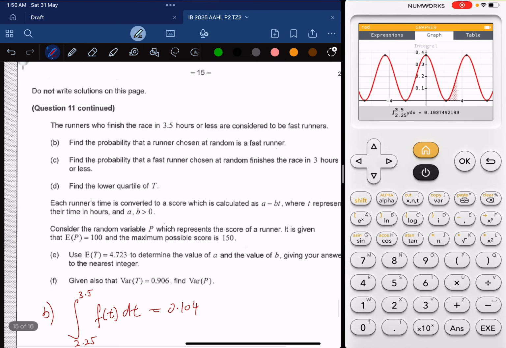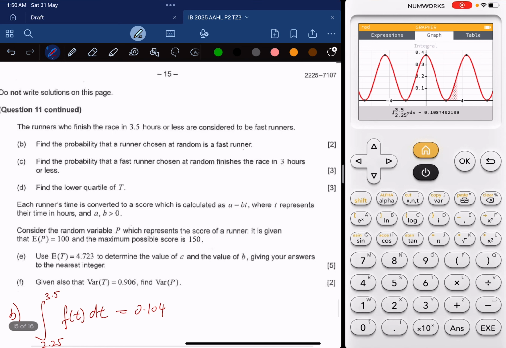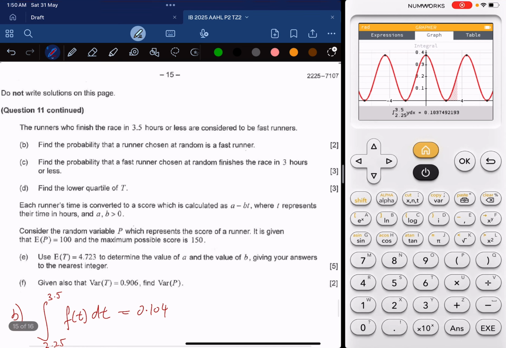The next one: find the probability that a fast runner chosen at random finishes the race in 3 hours or less. Okay, so this is a conditional probability because we know that we're selecting from fast runners, right? And we want to know how many of the fast runners finish in less than 3 hours.